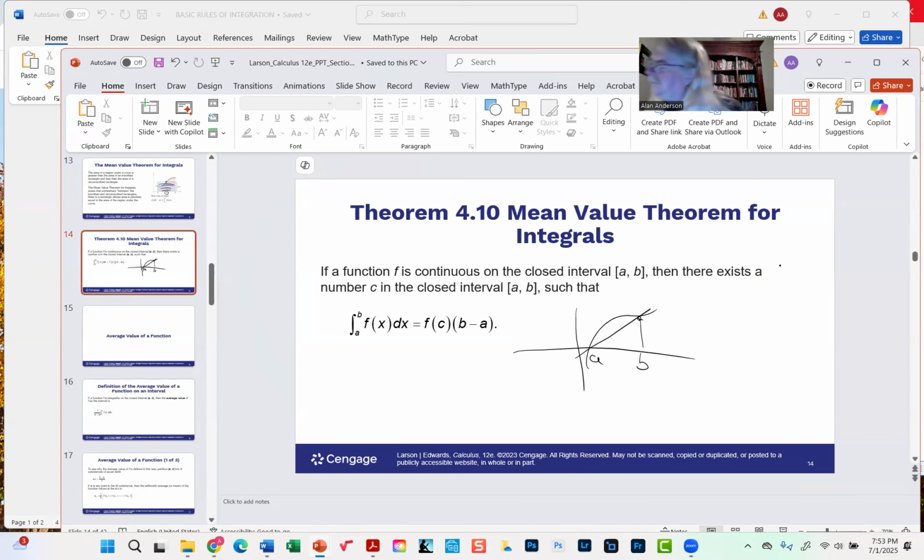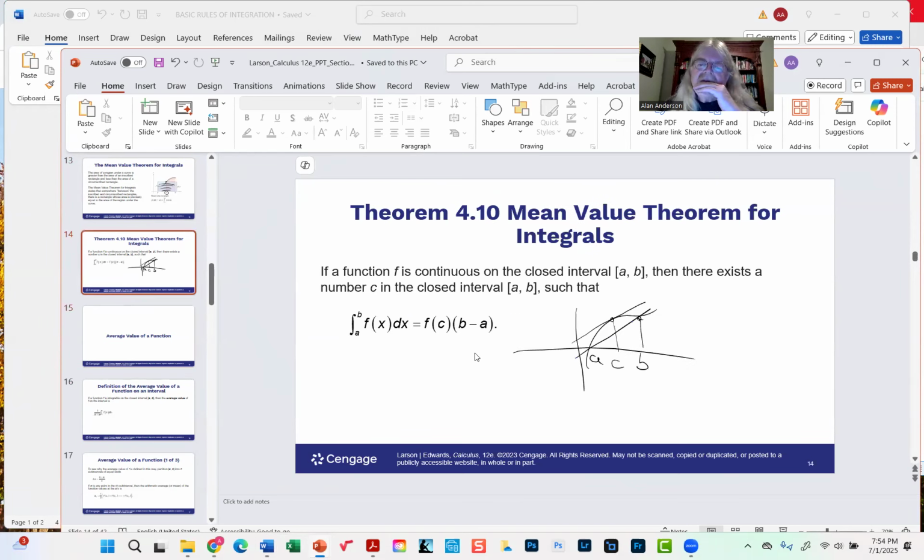You're guaranteed that somewhere in here, there's a point C such that the tangent at that point has the same slope as the secant line. So with integrals, it's opening the way to give us a simpler way of calculating the areas under the curve. But of course that means we have to look for the C.